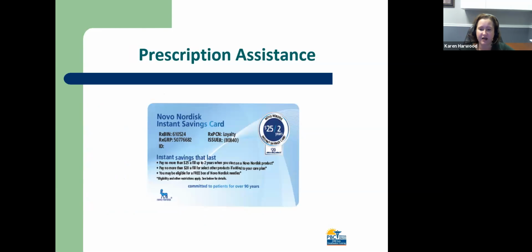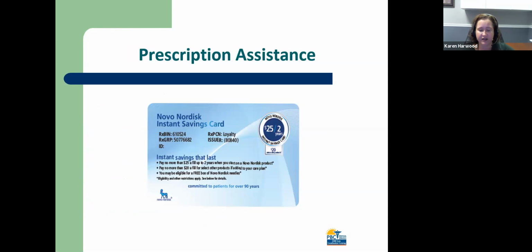Depending on the type of coverage, a lot of these patient discount cards are specific to insured individuals. A lot of times, if somebody has an expensive medication, manufacturers will have a coupon card. So basically these work in partnership if somebody is insured. That's really the best way to go.